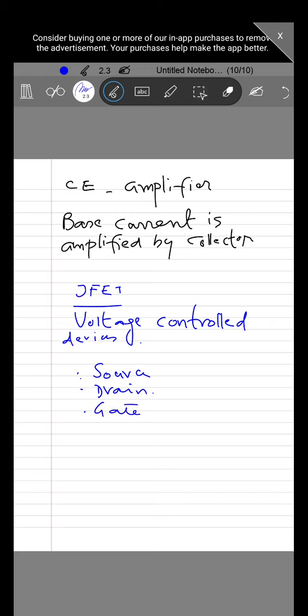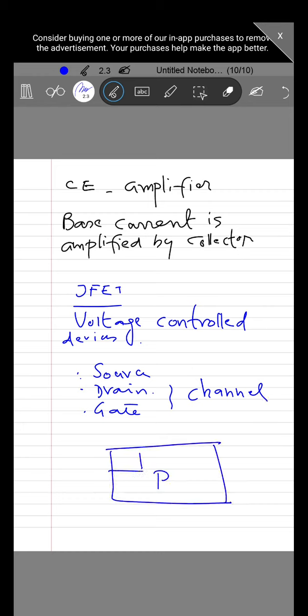Apart from that they have something called a channel. So this is your P, this is your source, this is your drain, and this portion is the channel. This is the gate.